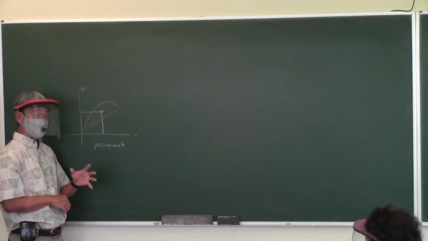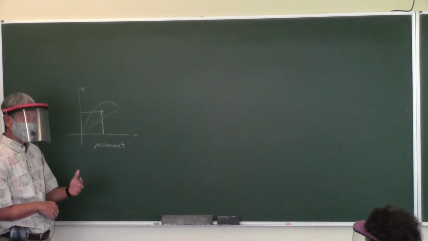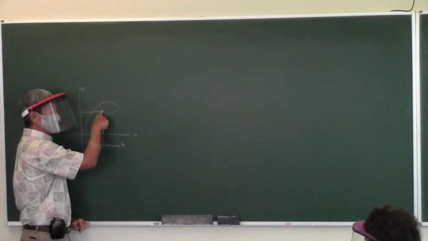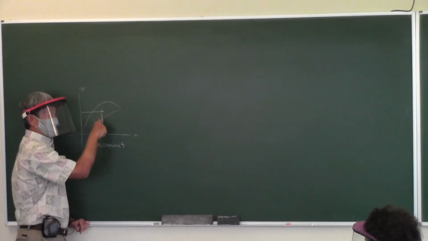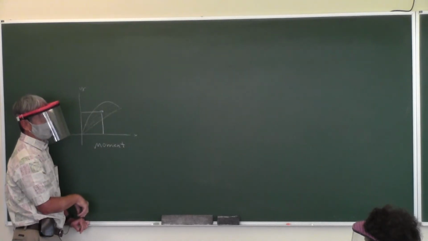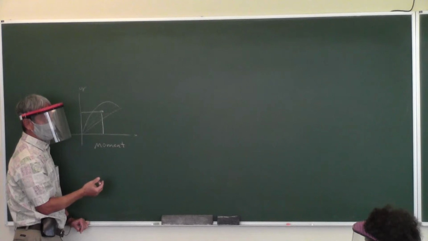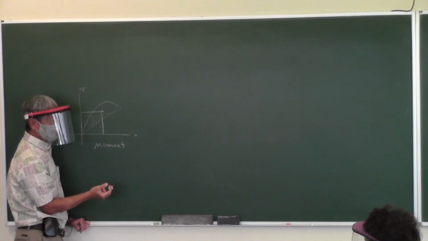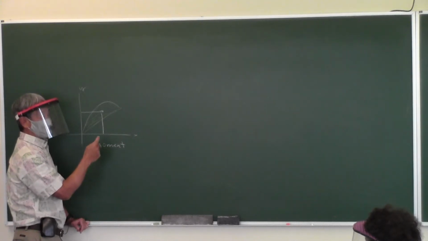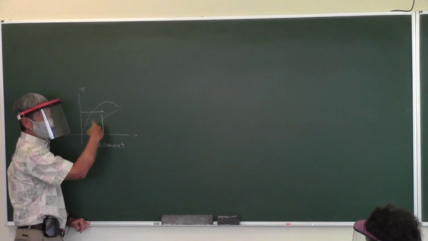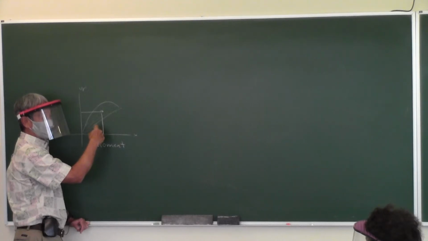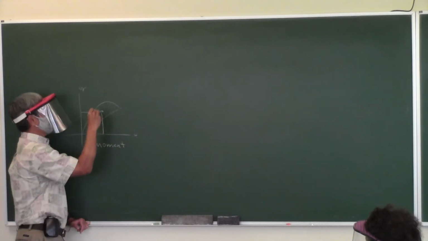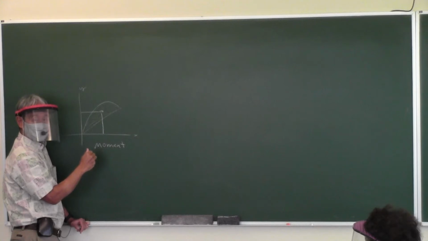Okay, so we can apply the same thing to center of mass. If this is the center of mass, mass is not a force, but what is mass? It's a scalar. So you can think of the mass of this region as the entire mass at the center of mass, right?